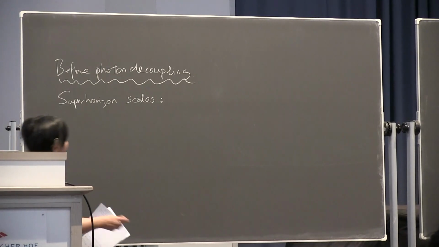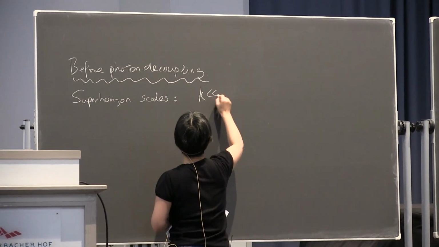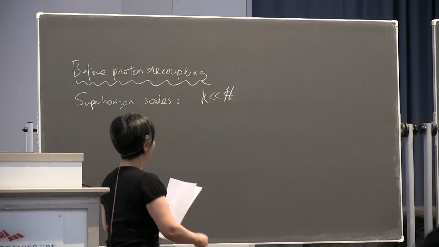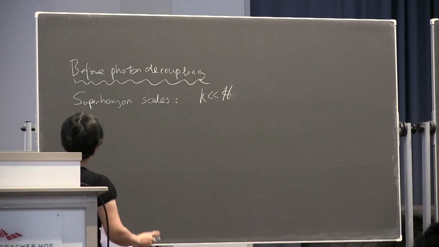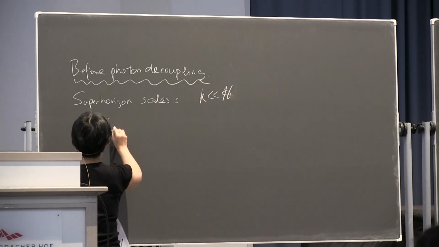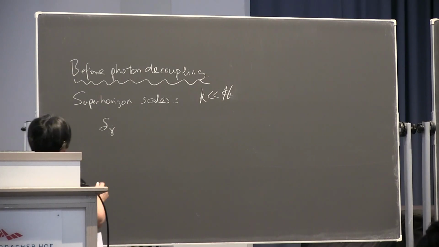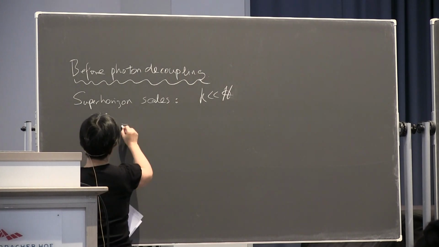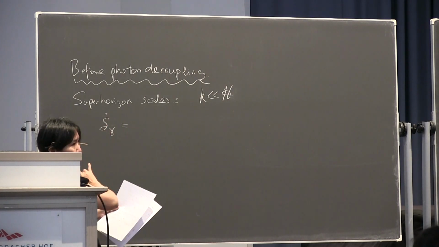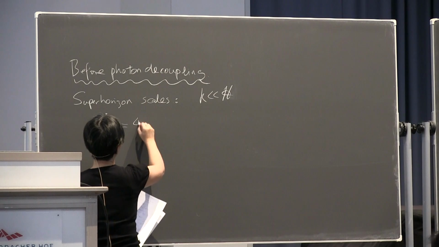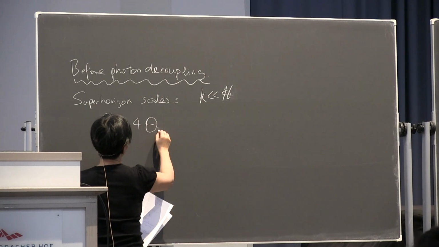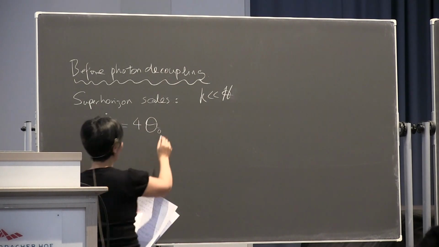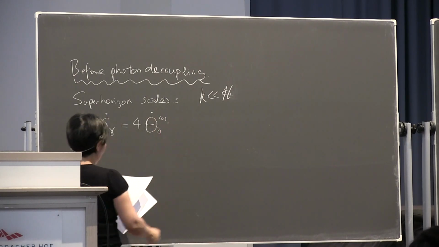So the superhorizon limit, as said, is a limit wherein k is much smaller than curly h. And we had an equation of motion for the photon density perturbations before. So delta gamma dot. And just for definition purposes, the energy density perturbation is the same as 4 times the monopole temperature fluctuation, a scalar.